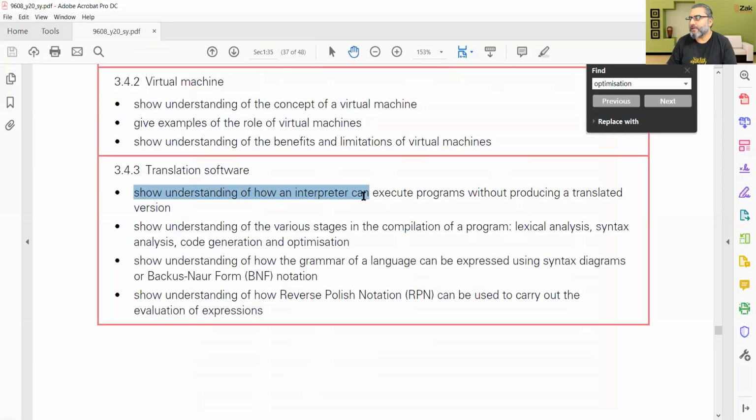Show understanding of how an interpreter can execute programs without producing a translated version.